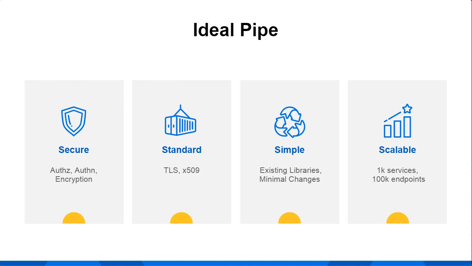We wanted to use standard technology to lower the effort that the different service teams had to put in to actually send traffic to this pipe, so standard TLS, X509. And we wanted to use existing libraries, so they didn't have to make big changes, and the onboarding would be simple enough. And of course, this thing needs to scale. We have thousands of services, hundreds of thousands of endpoints, so we need something that can sustain that and can sustain the growth.